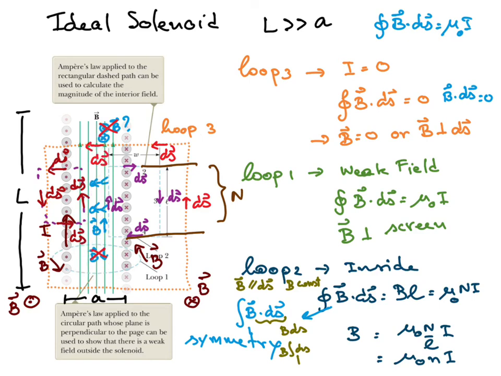Okay, so you can use the loop on the right side of the solenoid or on the left side of the solenoid, and it will give the same result. So now we have the formula for the magnetic field inside the solenoid. B is equal to mu 0 nI, and we will use this formula later to calculate some magnetic properties of the solenoid.